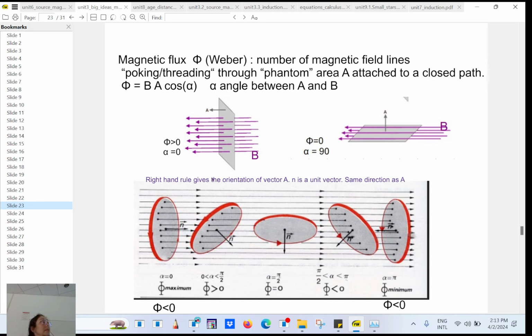My point is that as long as the number of lines poking through the area is changing, you're going to induce an EMF. You're going to induce a current. This is called the AC generator, because the current is going to flow in one direction and then in the opposite direction. This is how we produce electricity today.